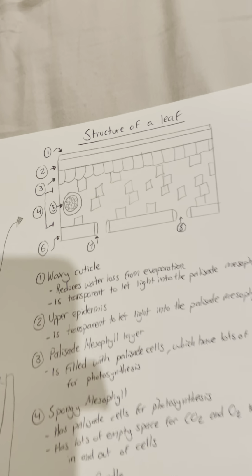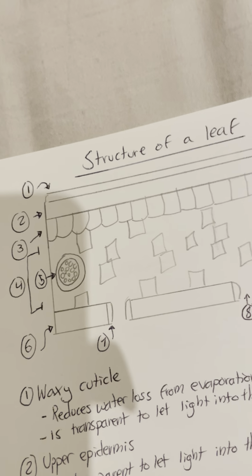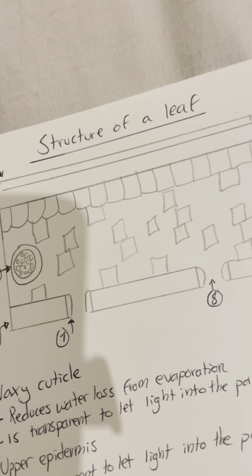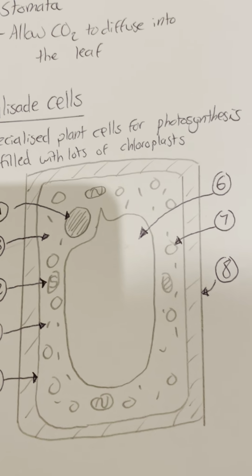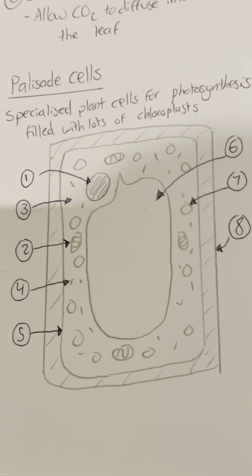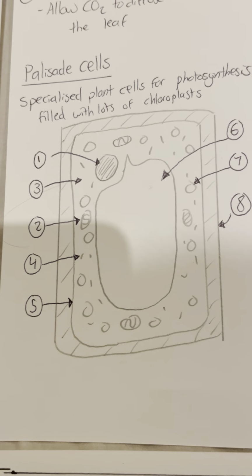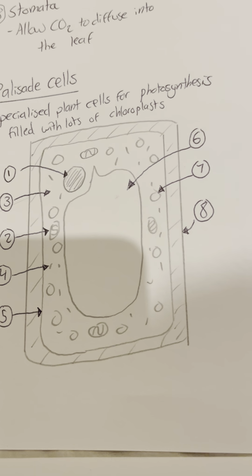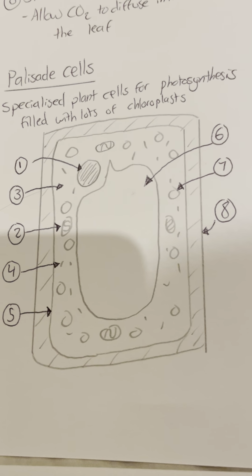In 3, the palisade mesophyll layer, and 4, your spongy mesophyll layer, you have the palisade cells. Those are your typical cells that you look at, and they are specialized cells for photosynthesis, and they've got extra chloroplasts.